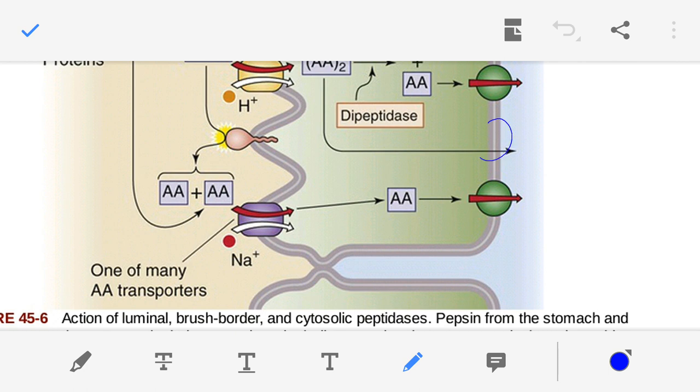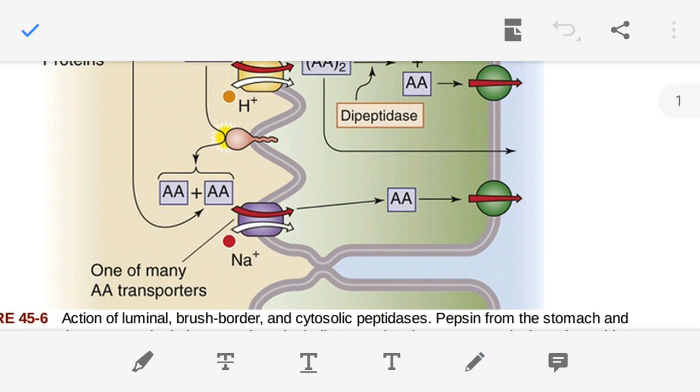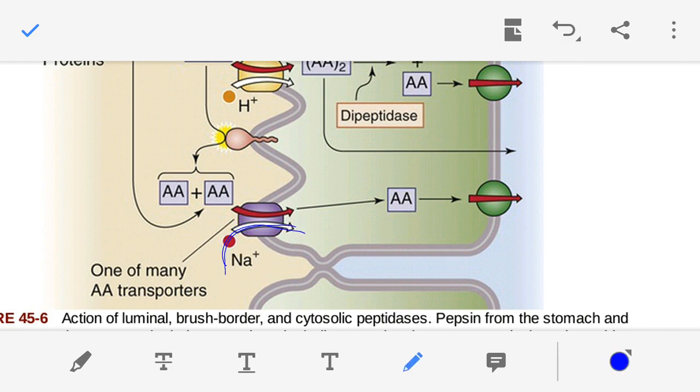Here, due to the pump, Na plus leaves the cell, and this is the lumen, and a large amount of Na plus is present in the lumen. So suddenly this Na plus is rushing into the cytoplasm. Many Na plus are rushing very quickly into the cytoplasm.